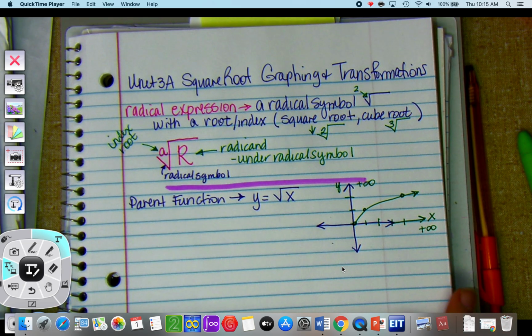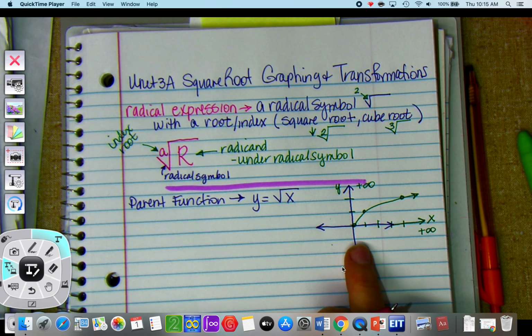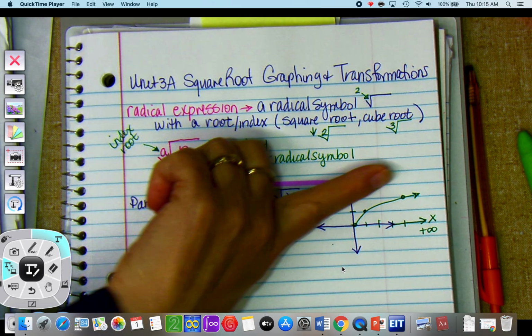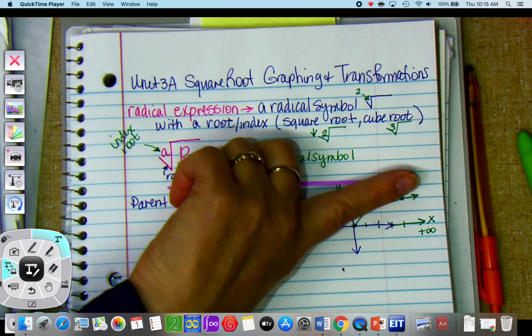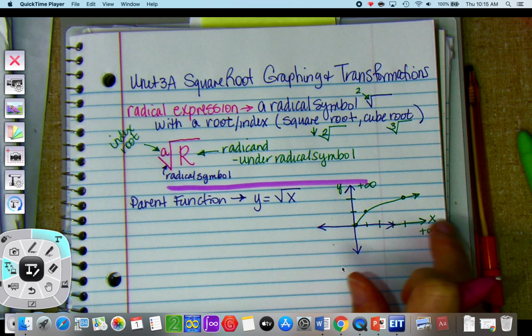Okay, just by looking at the parent function, we can review some of the characteristics of this function as we saw in quadratic functions. So this entire function is increasing. It has an increasing slope, which means as the x values increase, so do the y values.